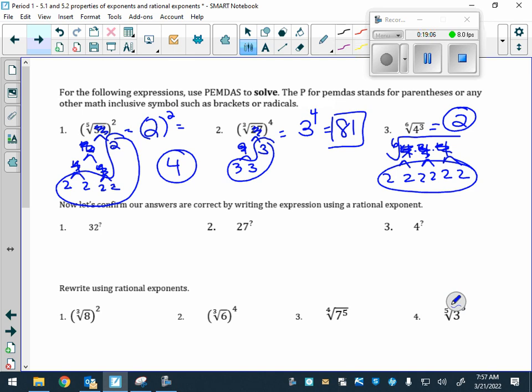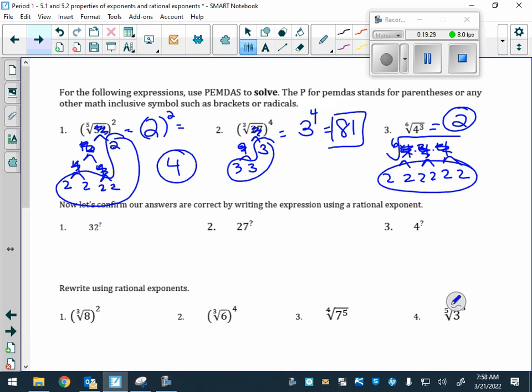Now, if I wanted to rewrite it as a rational exponent, so rewrite it with a fraction as an exponent, what would it be? 4 to what power? Hannah? Not 1/6. It's okay. It's fine. How'd you get it?